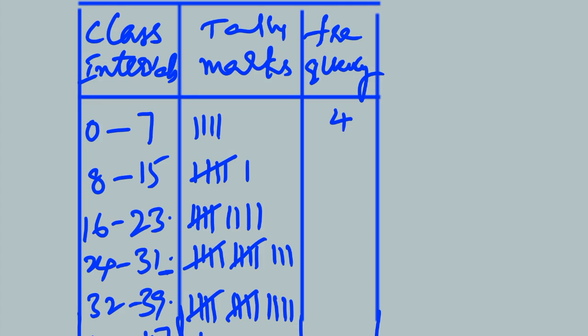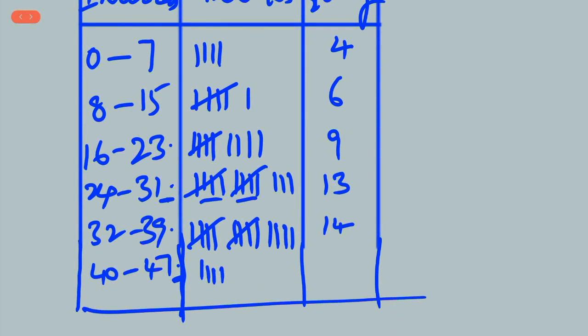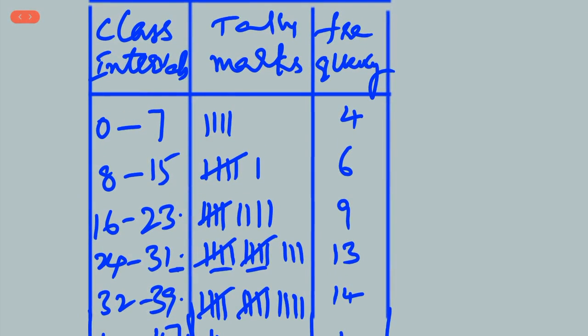The second one is 6. The next one is 9. The next one is 2 bundles, 5 and 3, that is 13. Next 14. Next is only 4. So finally we got the grouped frequency distribution table. This is the way of finding a grouped frequency distribution table.